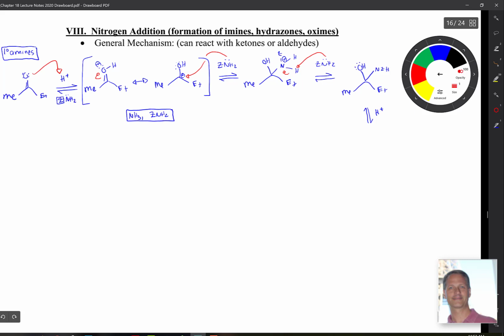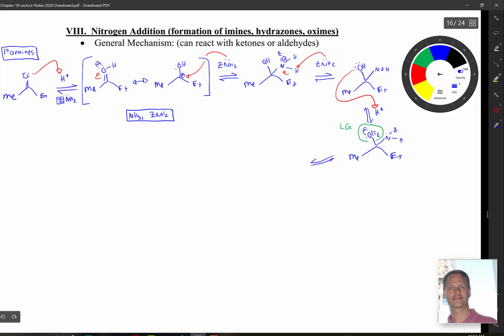Okay, so swing around, grab that H. So that gives us our methyl and our ethyl and an OH2 plus, and then your nitrogen with your Z and your H if we want to write it out like that. Now, remember what that did there is it turned this into a good leaving group. Okay, so then what happens is essentially that's going to leave.